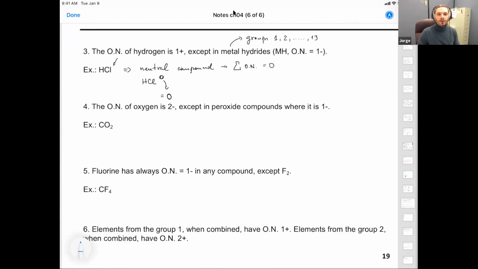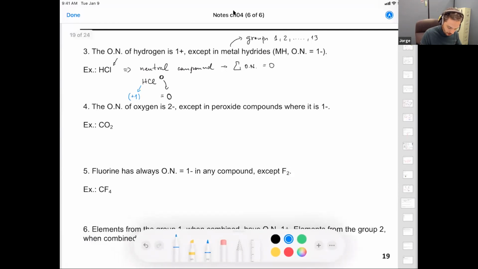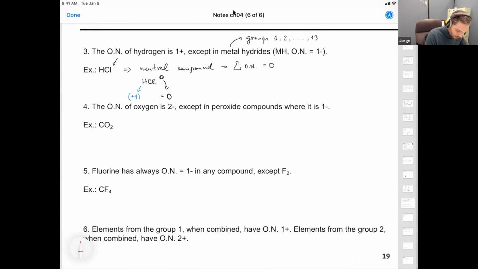Now we have hydrogen in the structure of the compound, and chlorine is not a metal. Therefore, we know that the oxidation number for hydrogen has to be 1 plus. The other element in the compound is chlorine.